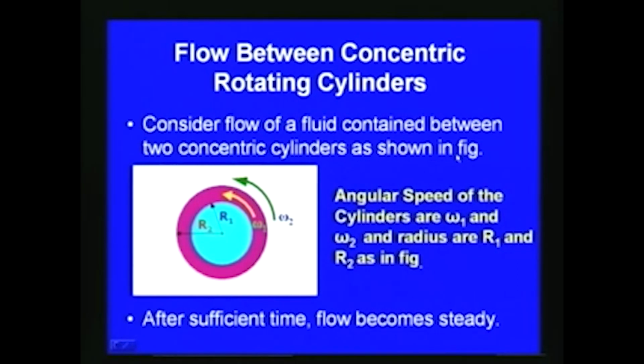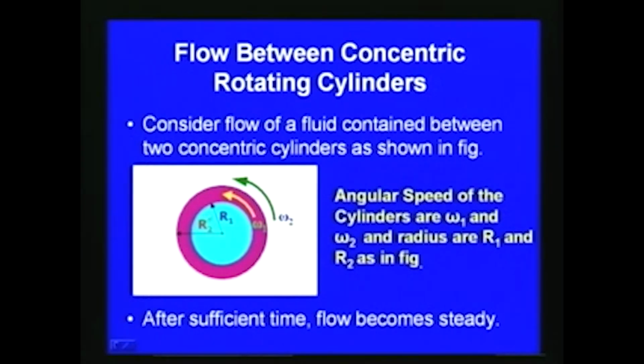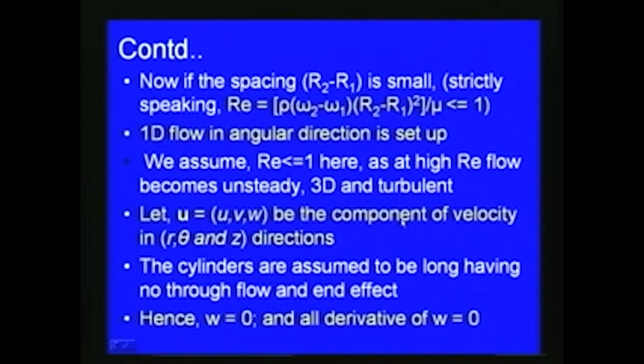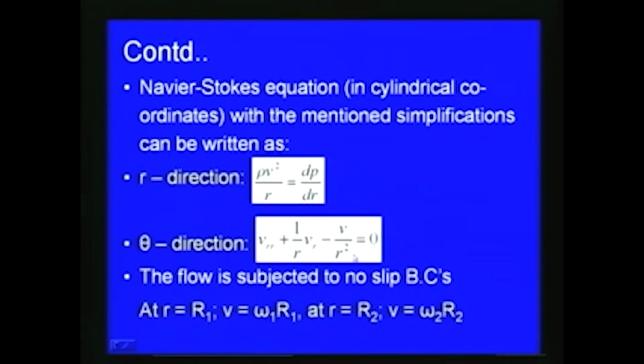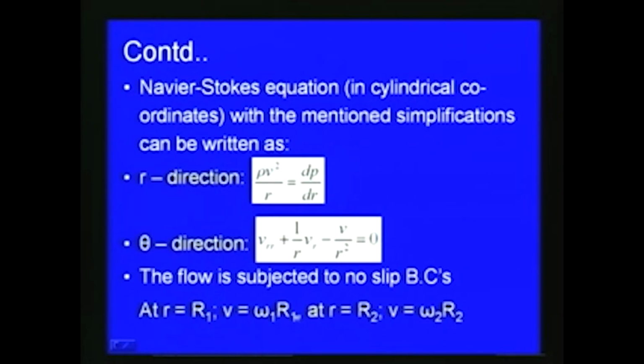Here we have already seen that small r is the difference between r2 and r1. So the solution becomes V is equal to 1 by r, C1 into r square by 2 plus C2, and two boundary conditions are there.